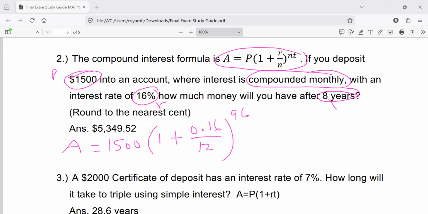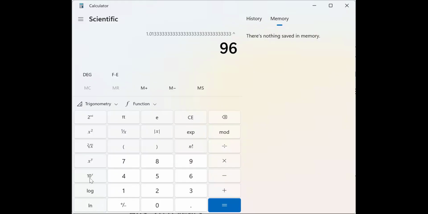Well, probably I have to show you on the calculator, so I have to do it that way. All right, so this is what I'm talking about. X to the power y, this right here. So I hit it, and then I did 96.